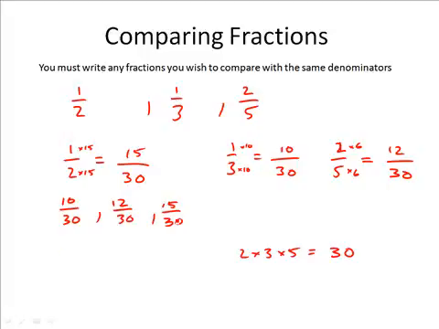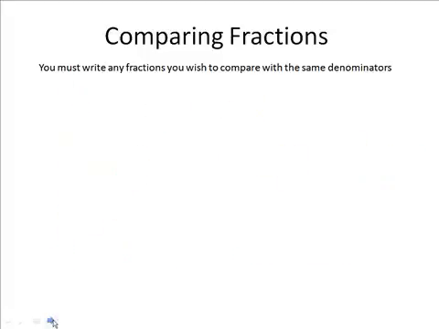So 10/30ths was the same as 1/3, 12/30ths was the same as 2/5, and 15/30ths was the same as a half. Alright, so the only thing you really need to remember is that you have to put them over common denominators before you compare them. If you don't put common denominators, you end up in trouble.